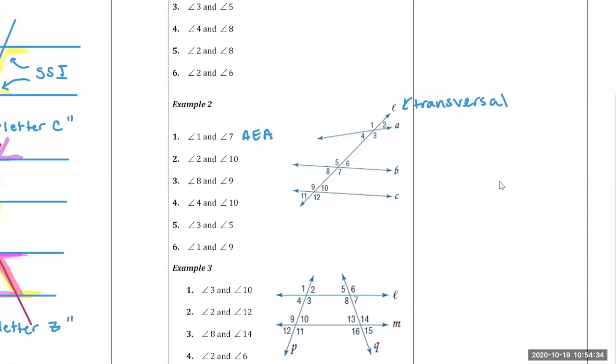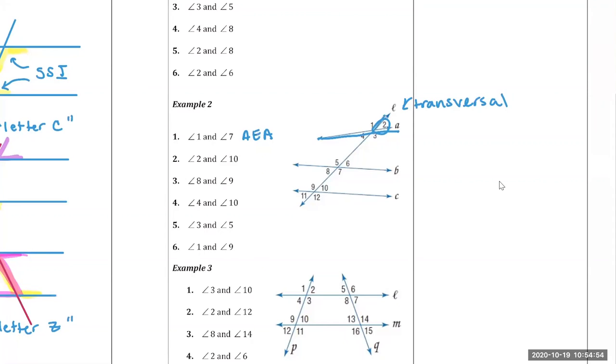Okay, someone did mention SSI, so I want to address why it's not SSI. Angle 2 and angle 10 are not inside. Angle 2 specifically is not inside line A. Angle 3 and angle 10 are same side interior, but angle 2 and angle 10 are in the same spots.